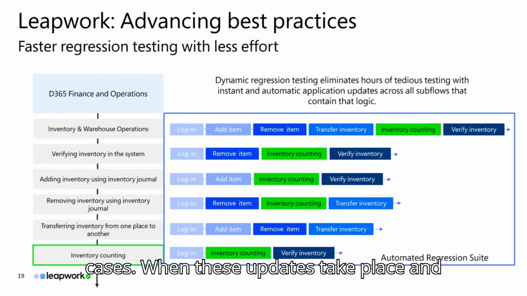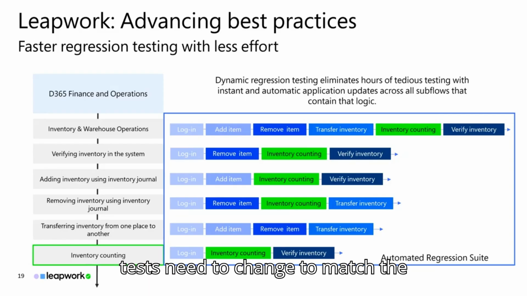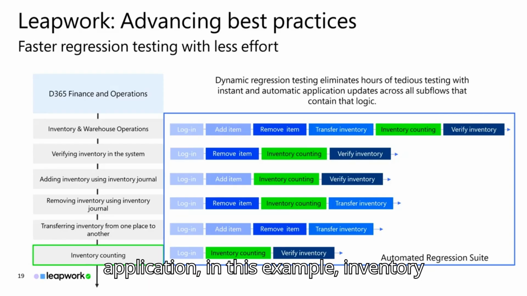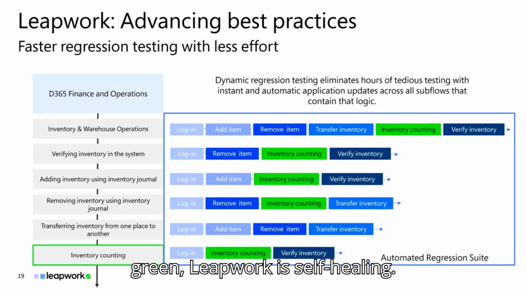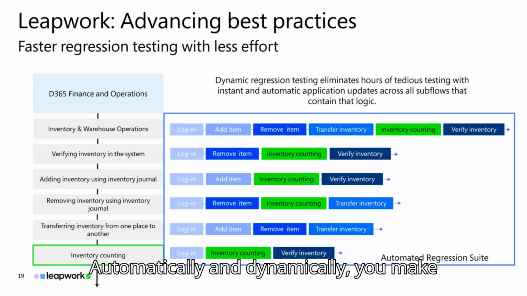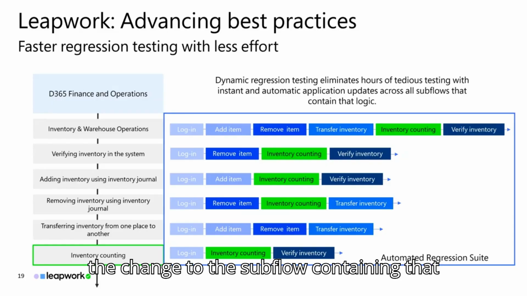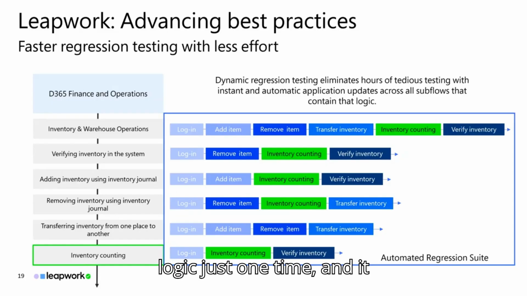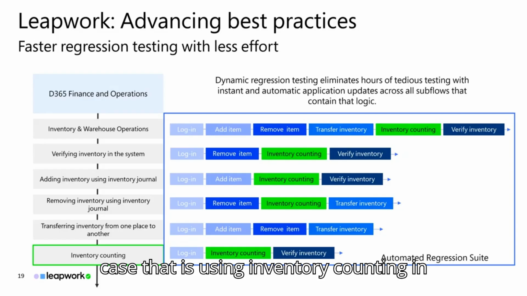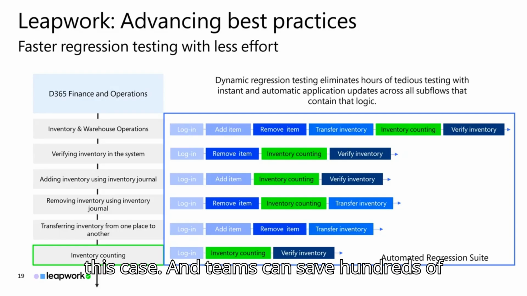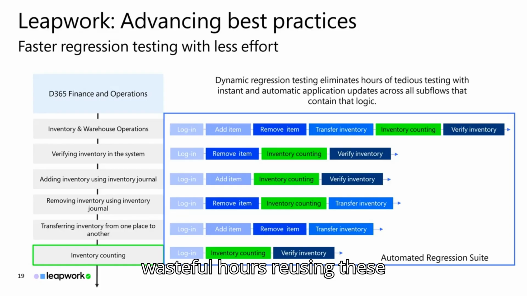When these updates take place and tests need to change to match the application, in this example, inventory counting, which is highlighted there in green, Leapwork is self-healing automatically and dynamically. You make the change to the subflow containing that logic just one time, and it gets deployed across every single test case that is using inventory counting in this case. And teams can save hundreds of wasteful hours reusing these flows that are updated in an instant.